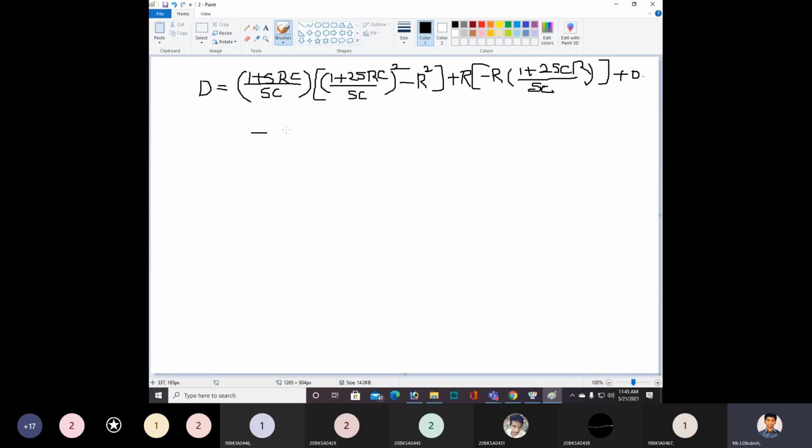Minus R square into 1 plus SRC by SC, minus R square into 1 plus 2 SCR by SC is equal to 0.